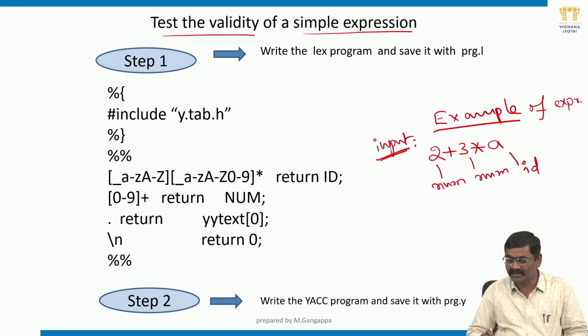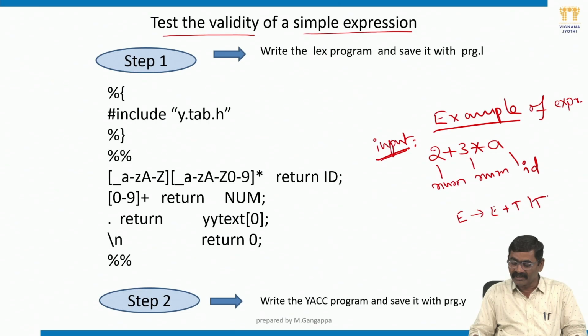So first we need to have number and identifier. In the arithmetic grammar, for example E gives E plus T or T, we get only non-terminals and terminals.